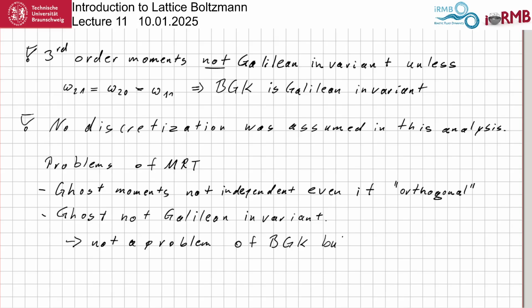This is also the reason why there are still people around that love BGK, because MRT has all of these ugly mathematical problems. It's not a problem of BGK, but in this we have only a single relaxation time, or rate, I don't know, rate, time.